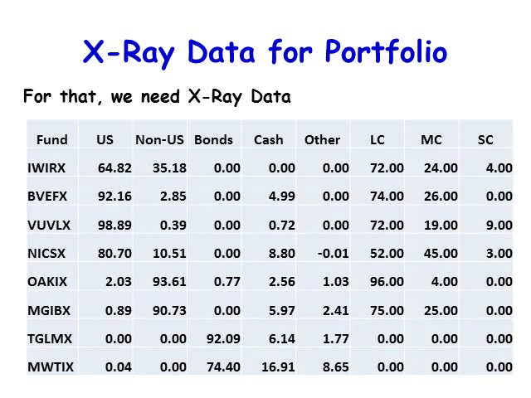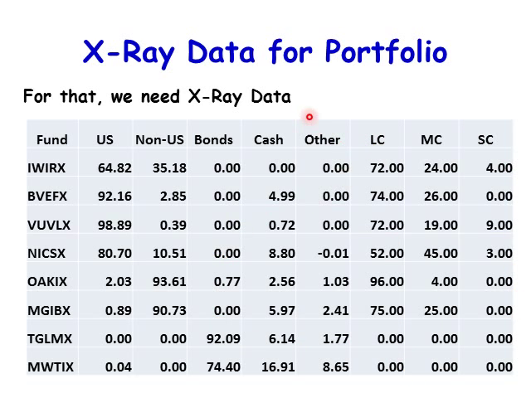Let us continue. So first we would need X-ray data for the portfolio. And this is what we have. These are the funds we're considering, and this is their allocation. Let's say US is that much, non-US and bonds, cash and other, and large cap, mid cap, and small cap.